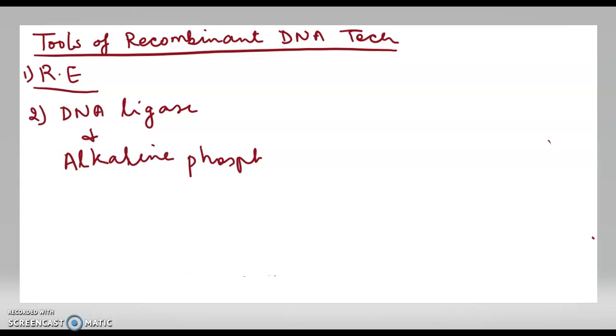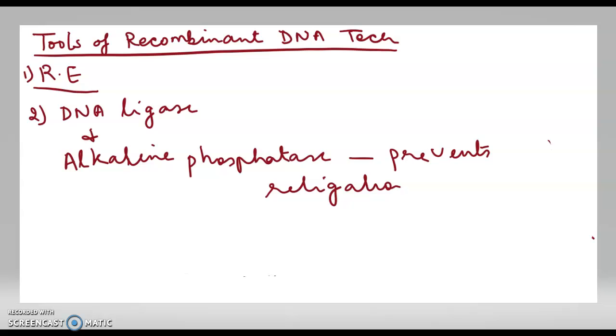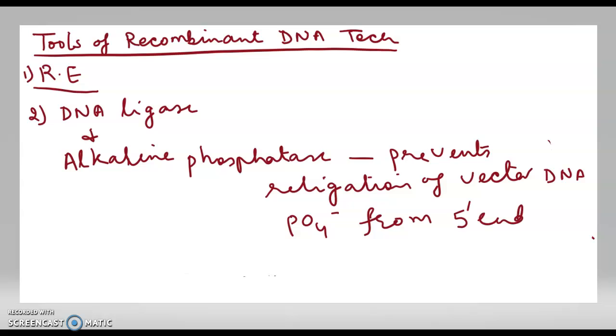Now this alkaline phosphatase enzyme prevents religation of vector DNA by removing phosphate group from 5' end of vector DNA.